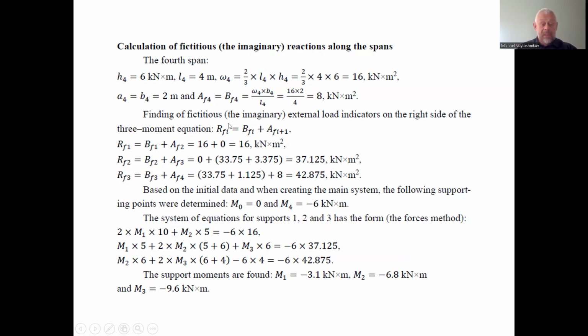After that, we can find the fictitious, just the assumed or imaginary external load indicators on the right side of the three-moment equation. We use a formula indicated before.